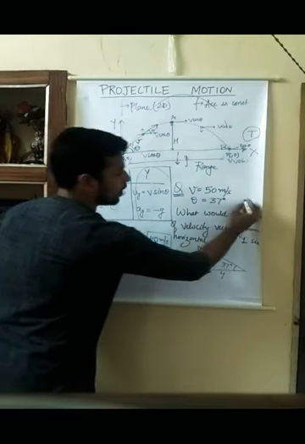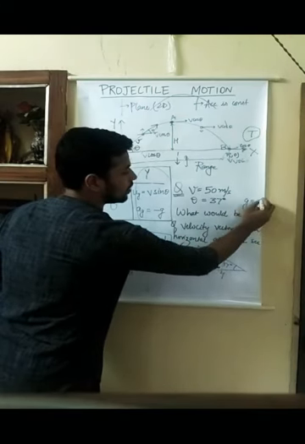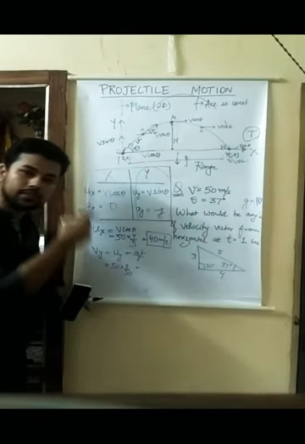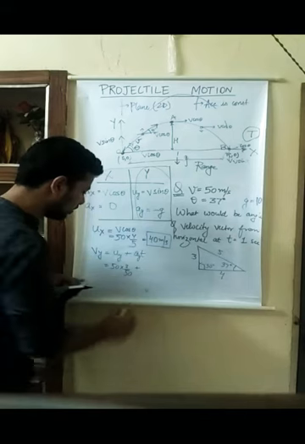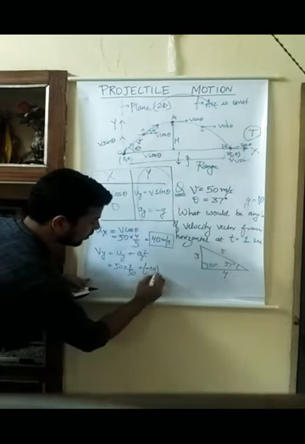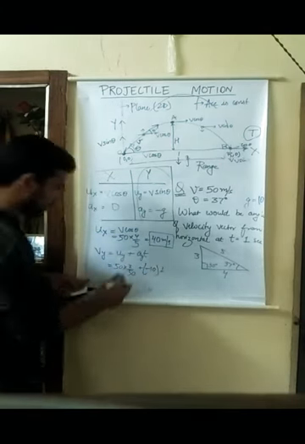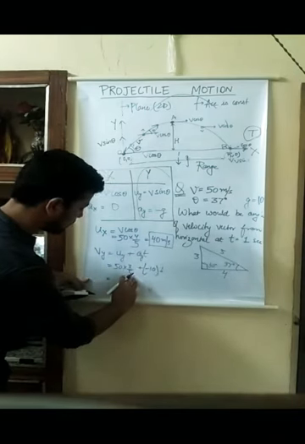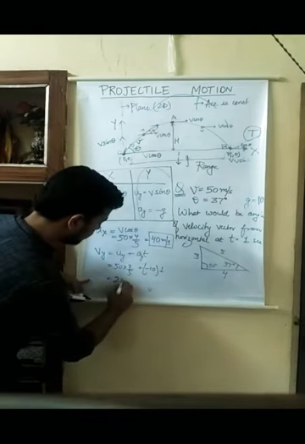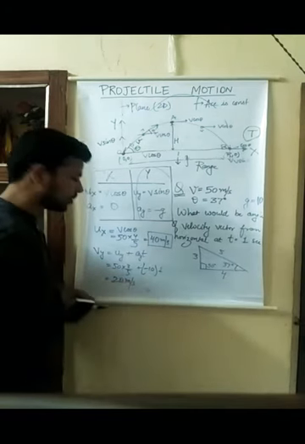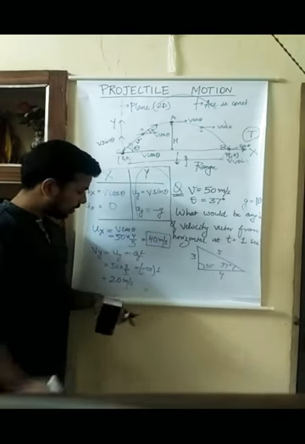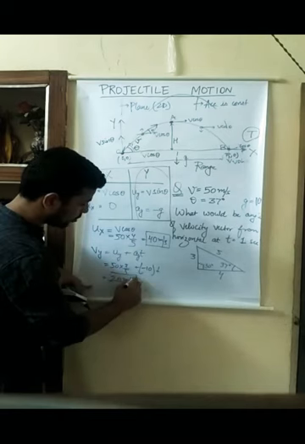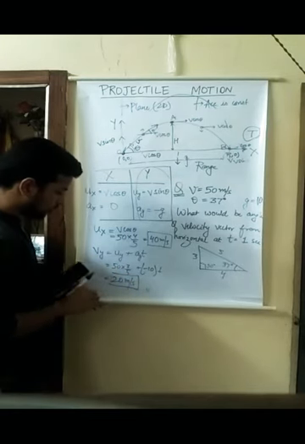Acceleration due to gravity, for simplicity of calculation, you can take as 10, so this becomes minus 10. Time is 1 second. So y velocity becomes 20 meters per second. So we have obtained our x and y velocities at time equal to 1 second.